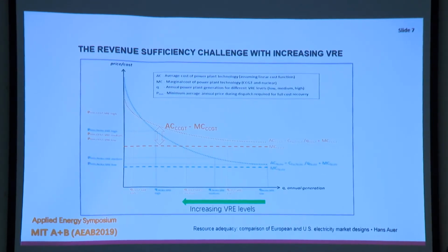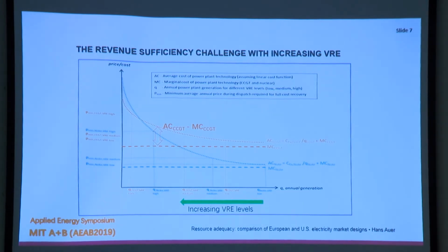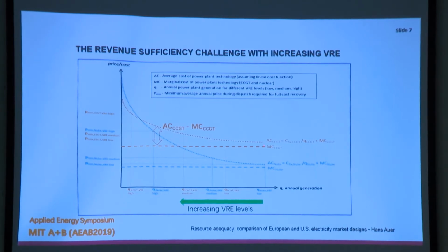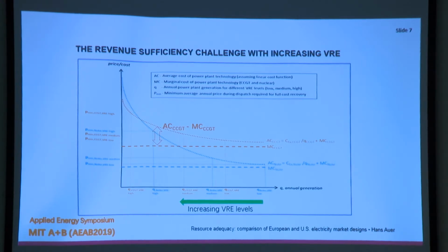Here I show the average and the marginal cost of a conventional generator: in orange of a CCGT power plant, and in blue of a nuclear power plant, so a baseload technology. The cost is shown over the quantities, annual generation, or the full load hours.